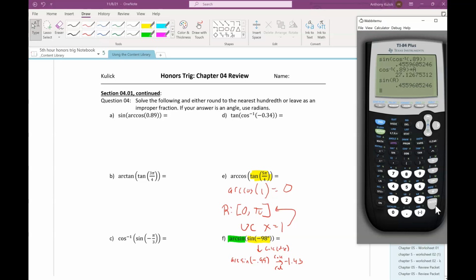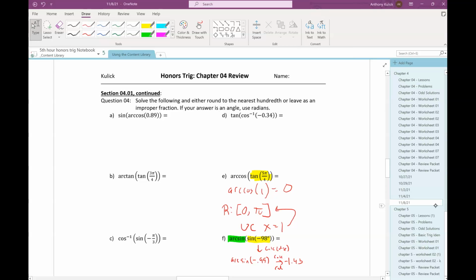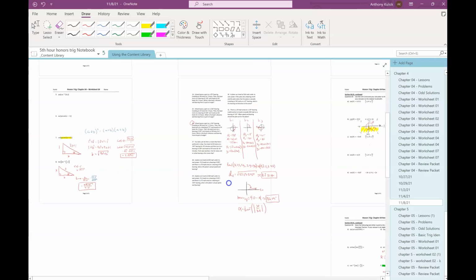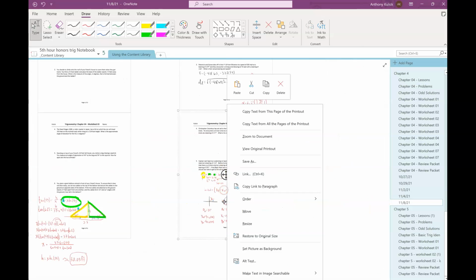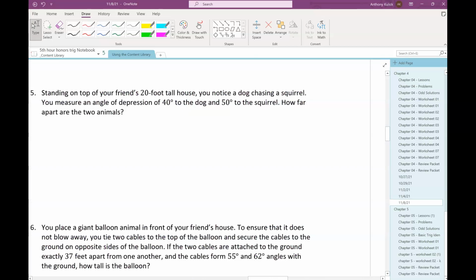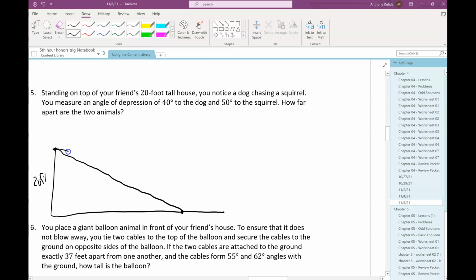Could you go over number 5 on worksheet 3? So we're here on top of a house, spying a dog chasing a squirrel.